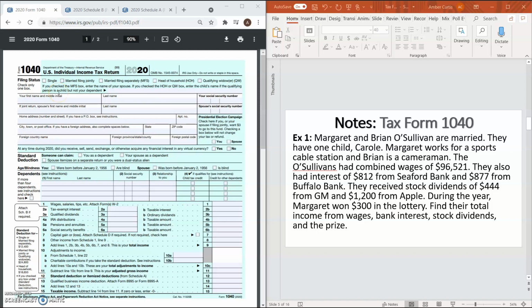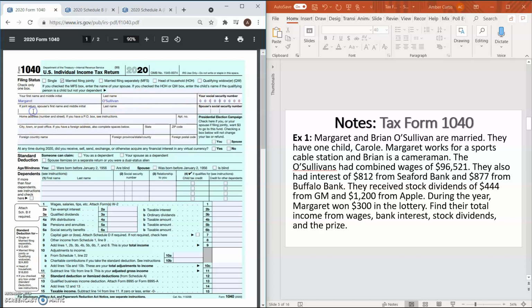All right, the first thing we're going to do is identify their filing status. Because they are married and going to be filing together, we're going to click the box that says Married Filing Jointly. We're then going to enter the names of both of our family members that are filing. So we have Margaret O'Sullivan and her social security number.